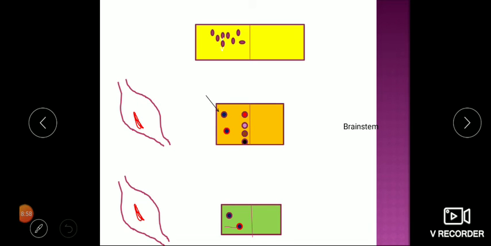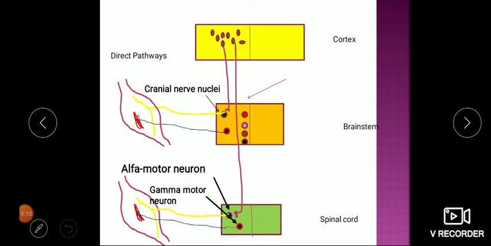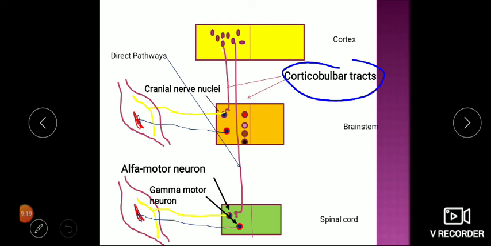Now one more tract which is again direct. This is the spinal cord. This is the brainstem, cranial nerve nuclei. So these fibers which are supplying these cranial nerve nuclei are called corticobulbar fibers, because they are ending in the brainstem, which is called the bulb.